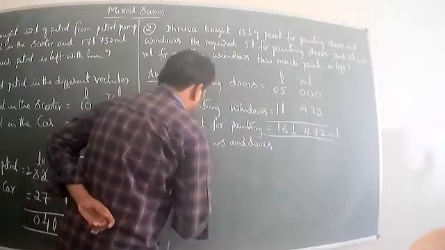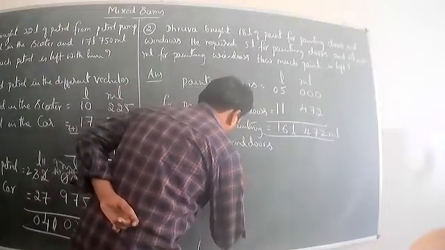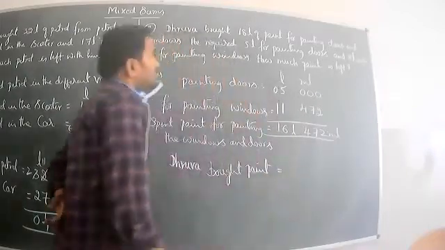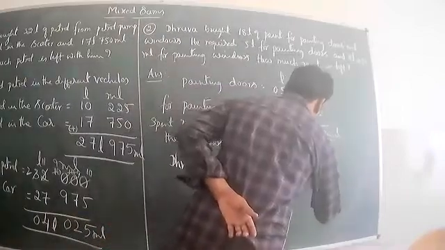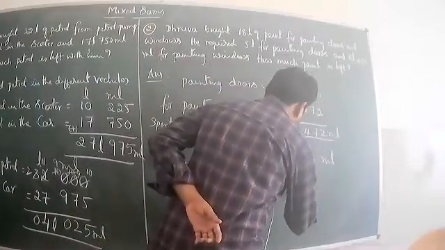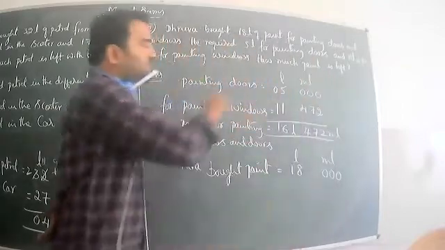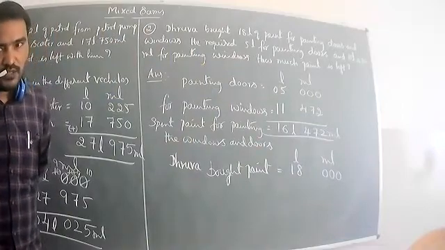Dhruva bought paint. How much did he buy? Liter and milliliter. 18 liter 000 ml. Because it is a 4-digit number, I will write 4 zeros. If it is 2 digits, I will write only 2 zeros.